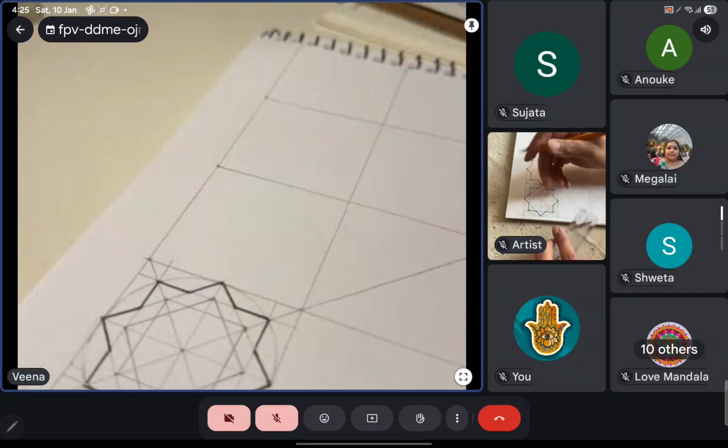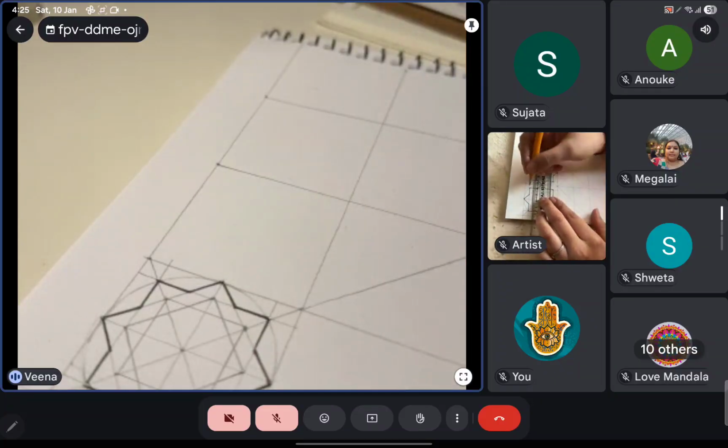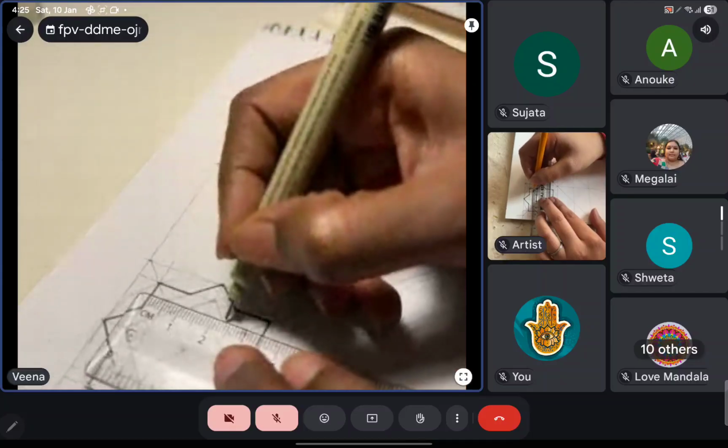And then you can take the pen again and ink it.